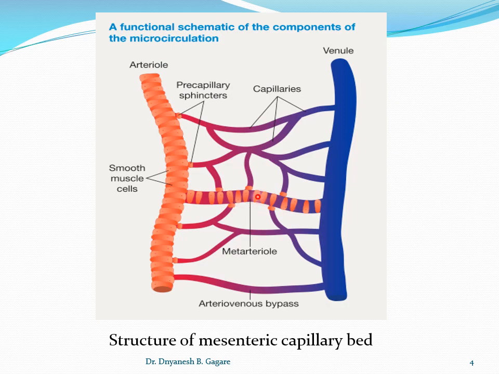From this meta-arteriole the capillary starts. At the origin of this capillary there is a sphincter, also made up of smooth muscle, and that sphincter is called the precapillary sphincter. So the diameter of the meta-arterioles and the precapillary sphincter regulates the blood flow to the tissue.